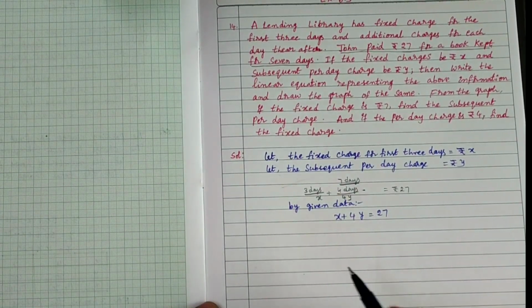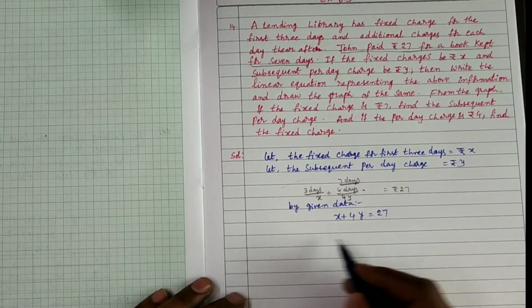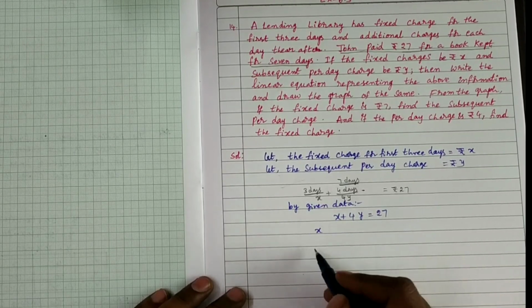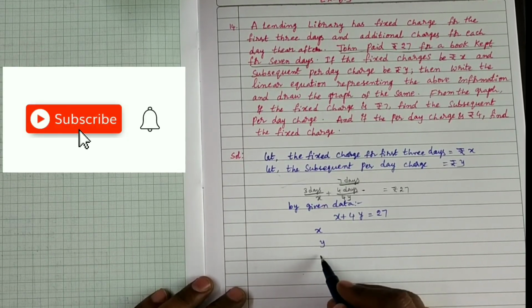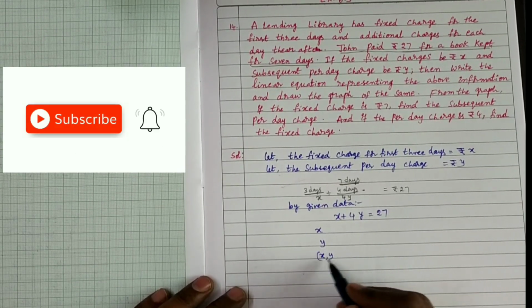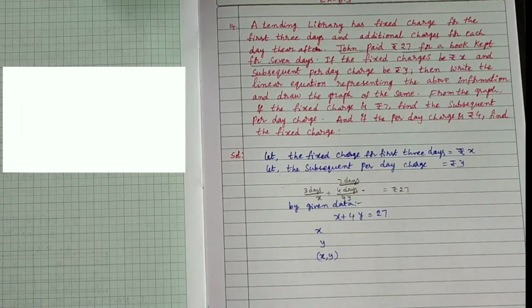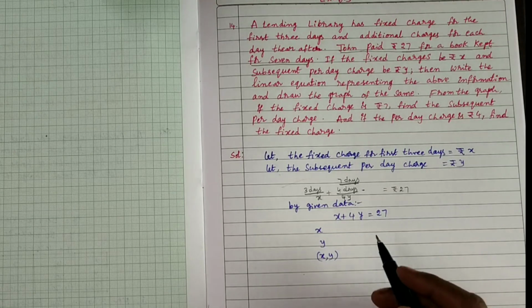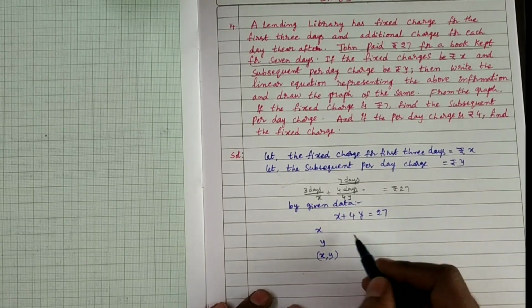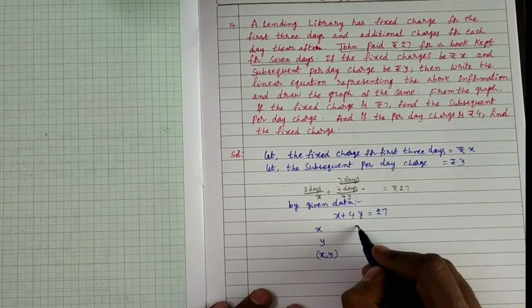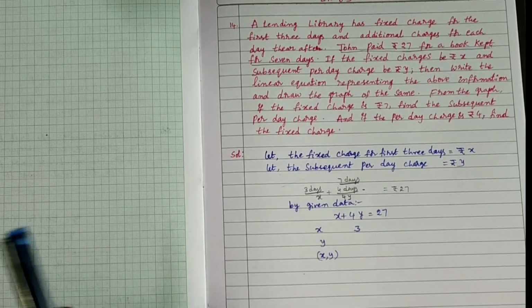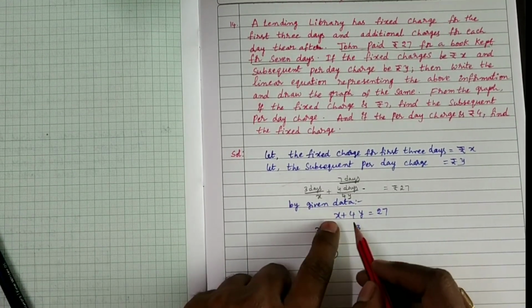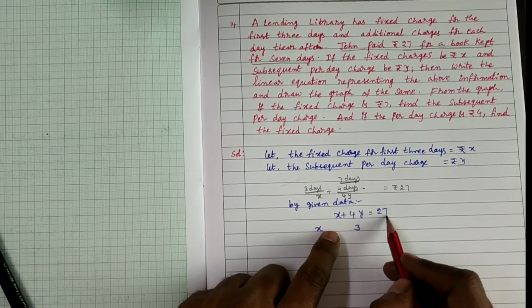So take some points for the equation, X comma Y. I am taking 3 and 7. Suppose for 3 days, substitute 3 in the X place. 3 plus 4y is equal to 27.